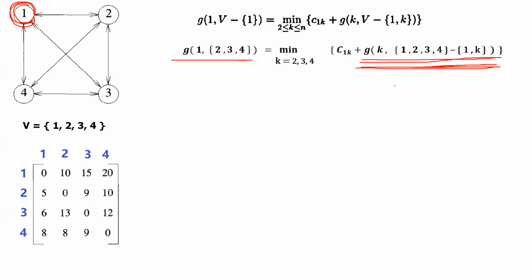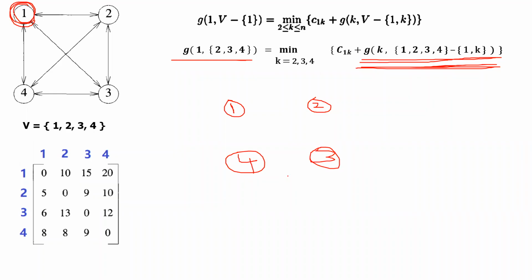So what is happening here is, after visiting the first node, that is the starting city is the first one, the remaining cities are 2, 3, and 4. After visiting city number 1, I can visit city number 2, I can visit city number 3, I can visit city number 4. So what is the next city that you have to visit?